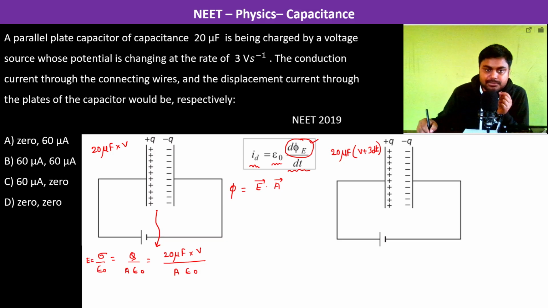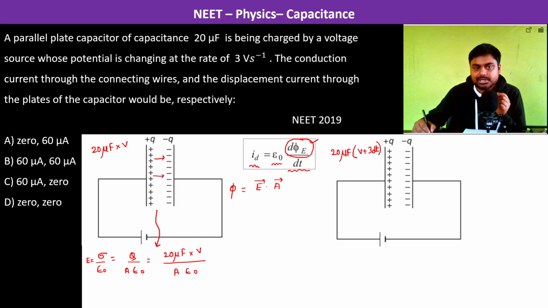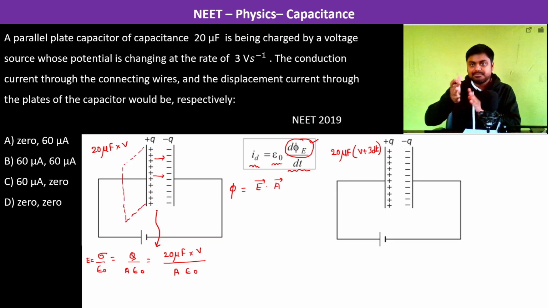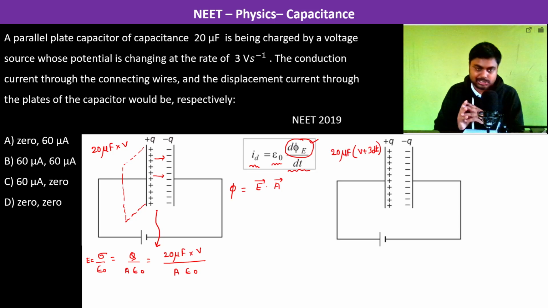Now the electric field is perpendicular to the plate area, because the plate is like this, so the area vector will be like this.